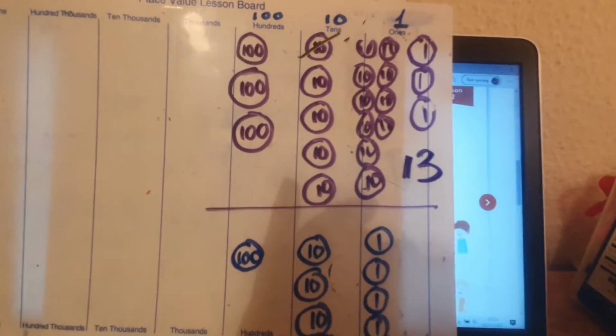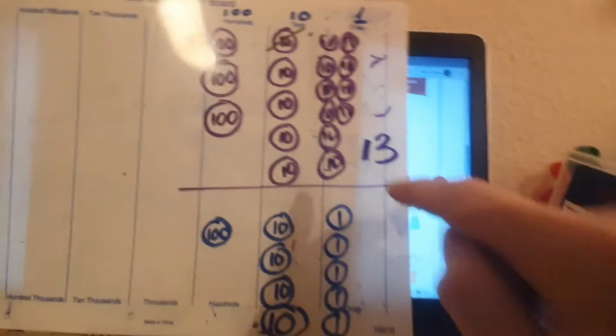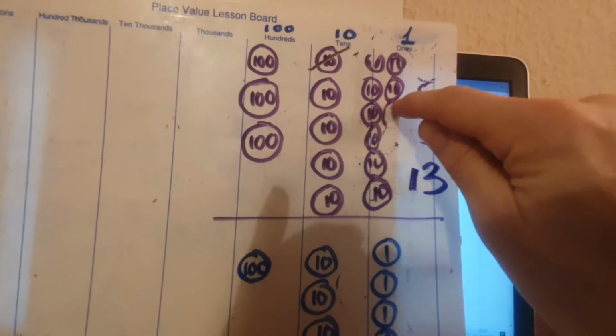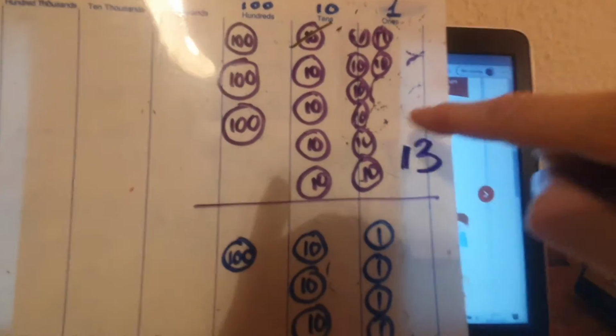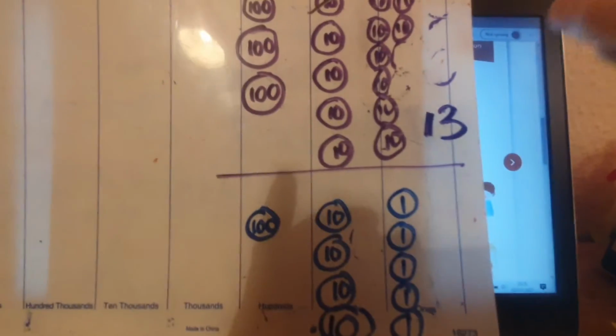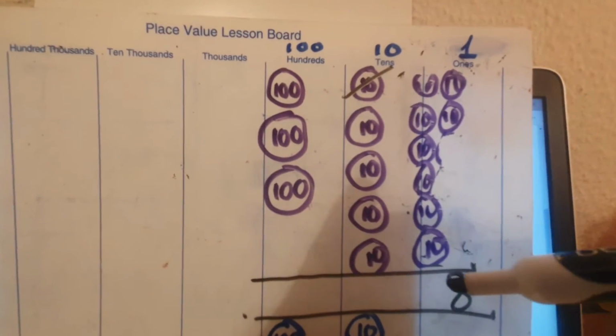So all I need to do is rub out 5. 1, 2, 3, 4, and 5. So how many have I got left now? 1, 2, 3, 4, 5, 6, 7, 8. Because 13 subtract 5 is 8. Okay, so there we go. We've got 8 ones now.